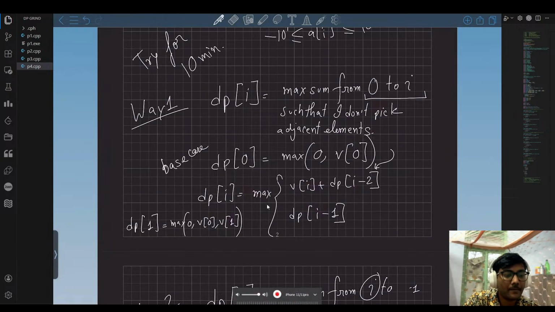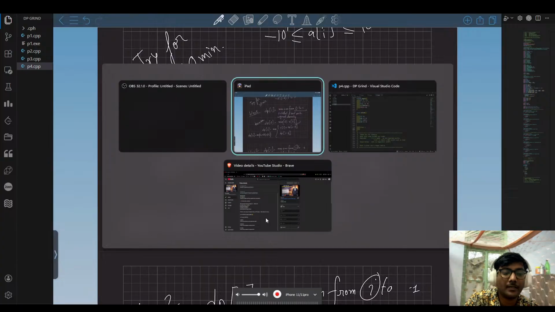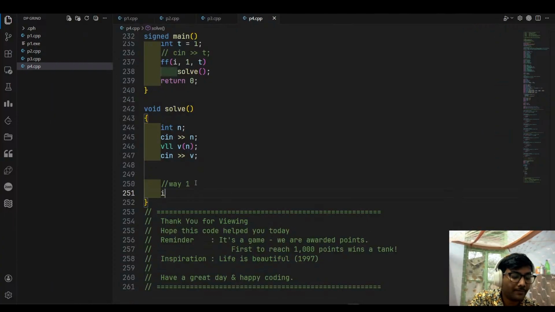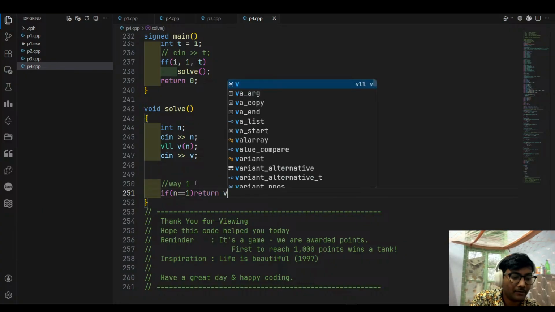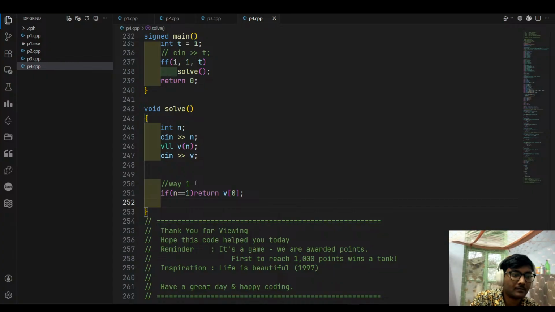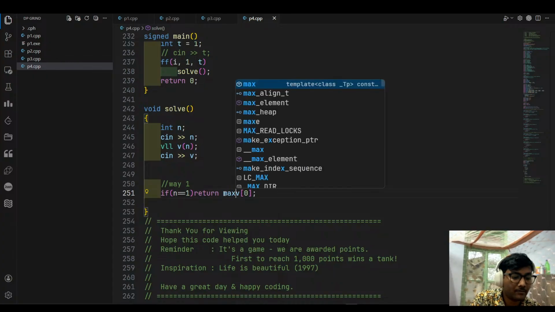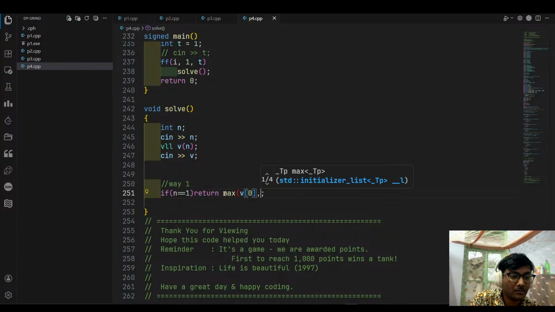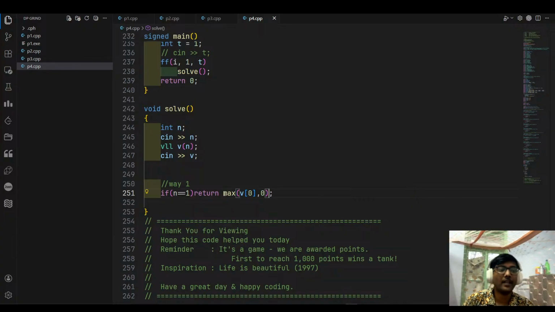So let's define dp of 0 and dp of 1. So if n equal to 1, return dp of 0, or I should say max of v0, comma 0. We have defined this one size separately.